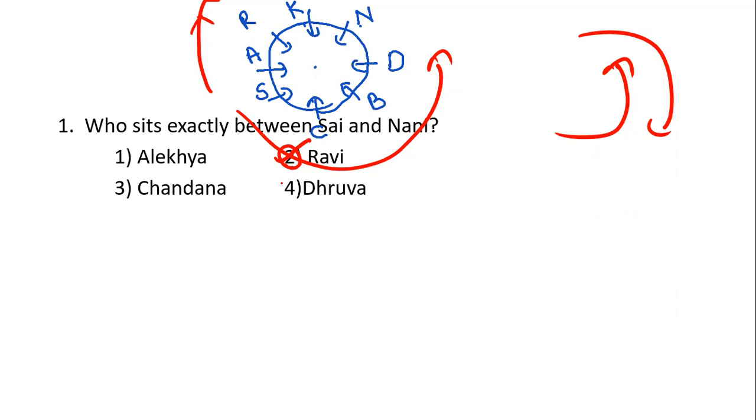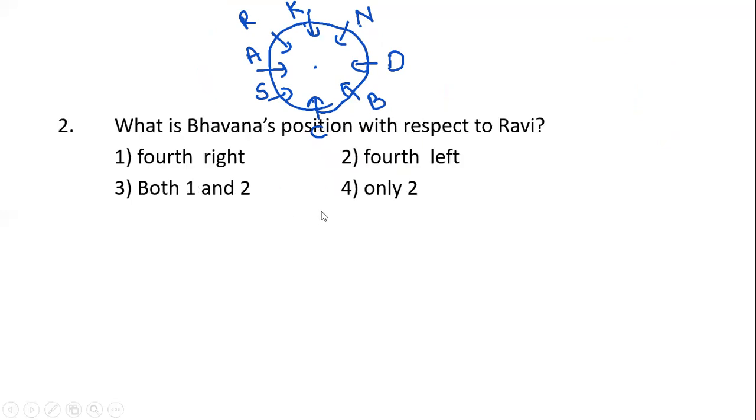Then they'll give one more option saying that both A and B are correct. Understood the point, right? So the options will be like that. If they mention specifically clockwise or anti-clockwise, then we have to check it clearly. If they did not mention anything like that, then we can mark the question based on the information, considering both sides and the options also. Okay. Let's go for the next.